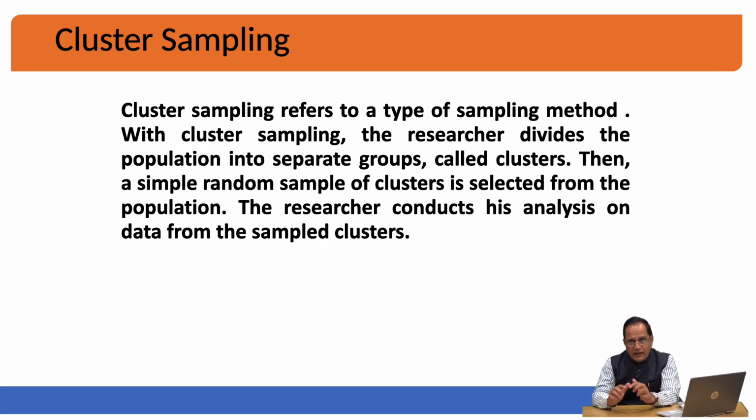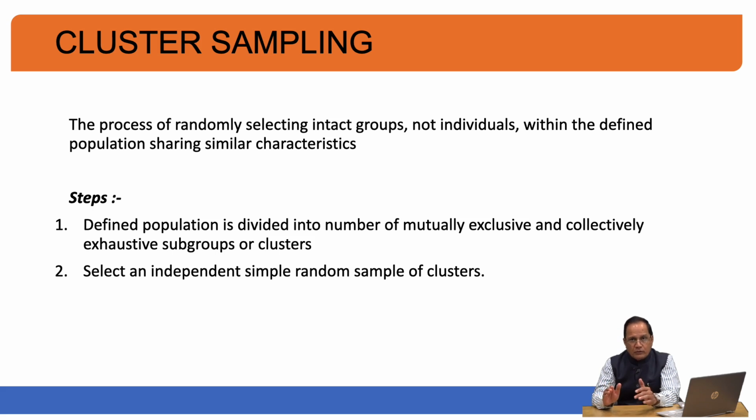In this, the area can be divided geographically or with respect to other factors, and then among them groups can be constituted, and those groups will be known as clusters. In cluster sampling, the researcher divides the population into separate groups called clusters, and these clusters are not divided on the basis of their characteristics or disposition only. They may be classified with respect to their geographical or other features, and then these will be considered as clusters.